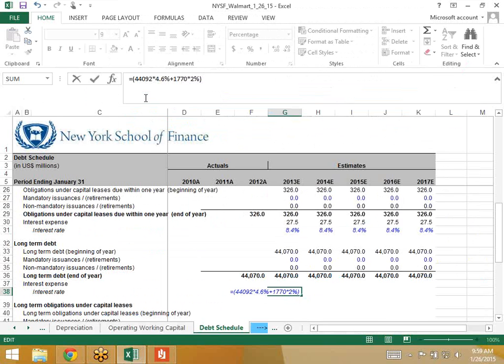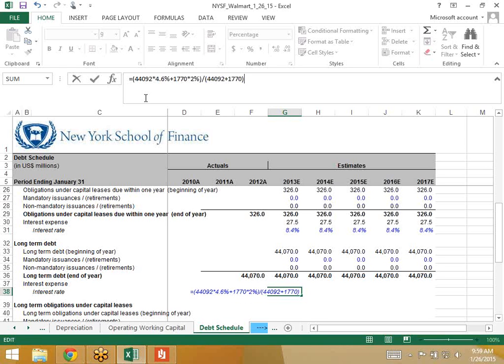That's going to give me the interest on 45 billion. I want 44 billion, so I'm going to divide this by, in parentheses, the $45 billion balance, to give me my implied rate. So divided by 44,092 plus 1,770. And that'll give me my rate that I'll apply to the 44 billion.